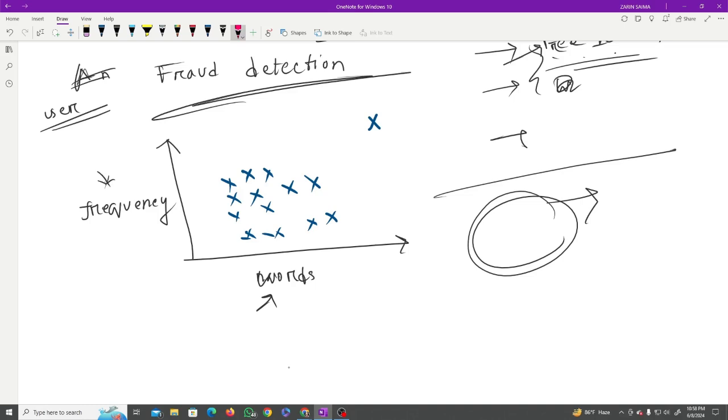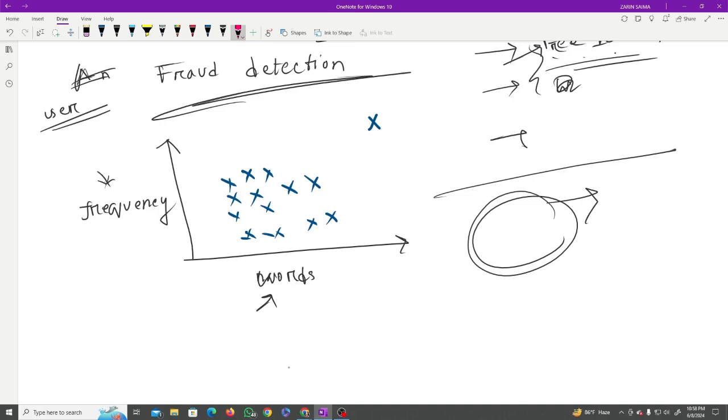Suppose another example. Let's talk about some pictures.